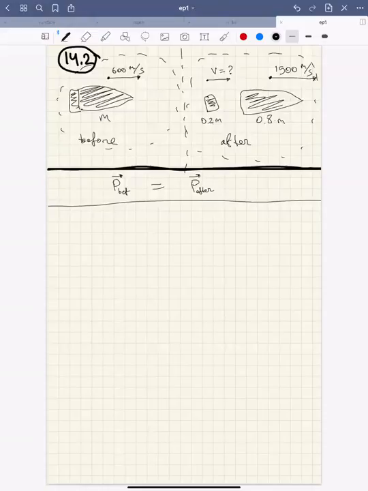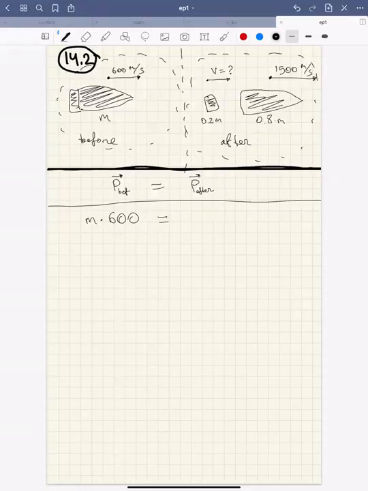Let's see. What's my momentum before the ejection? My momentum before the ejection is the mass of the spacecraft times 600. And what's my momentum after the ejection? After the ejection, I have two bodies.